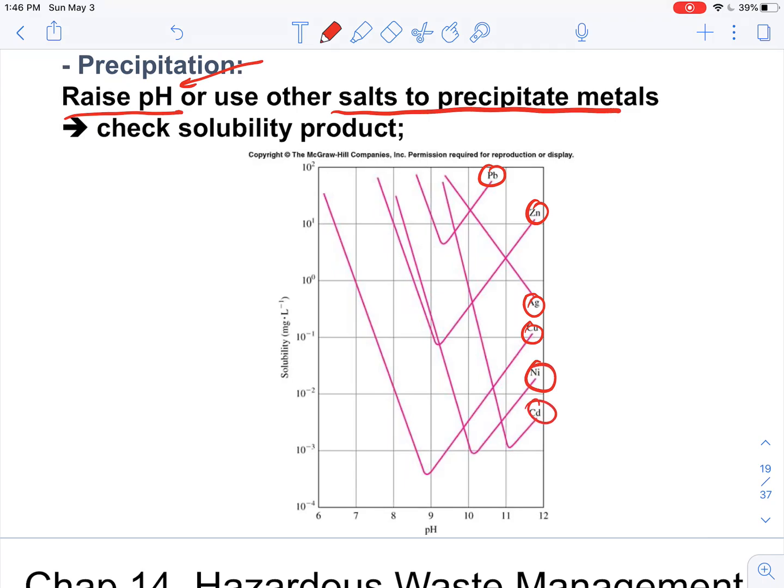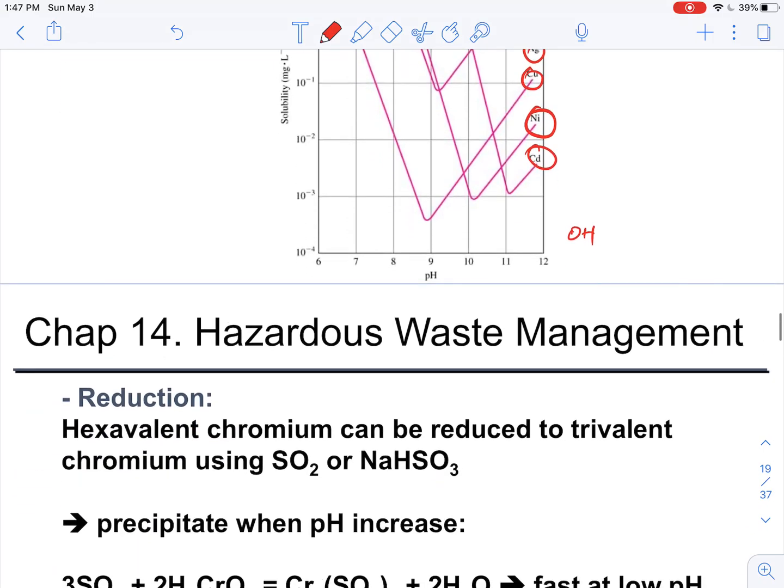So we can enhance the pH to introduce OH into the solution to precipitate these heavy metals and remove these hazardous materials.